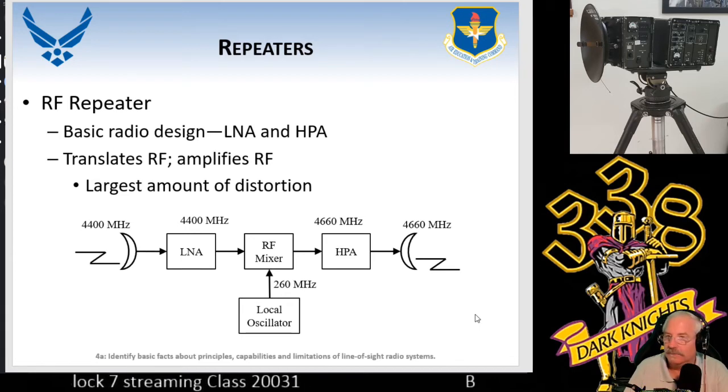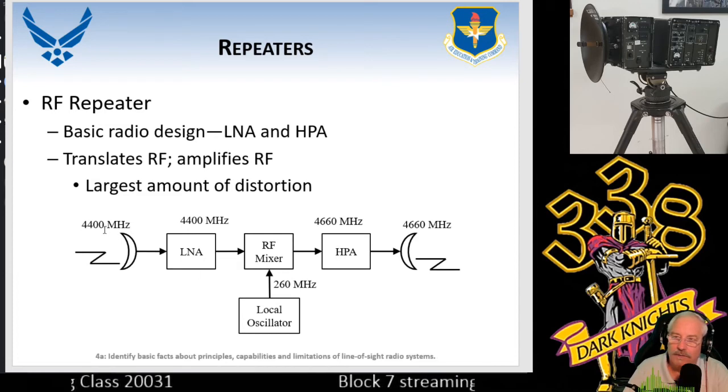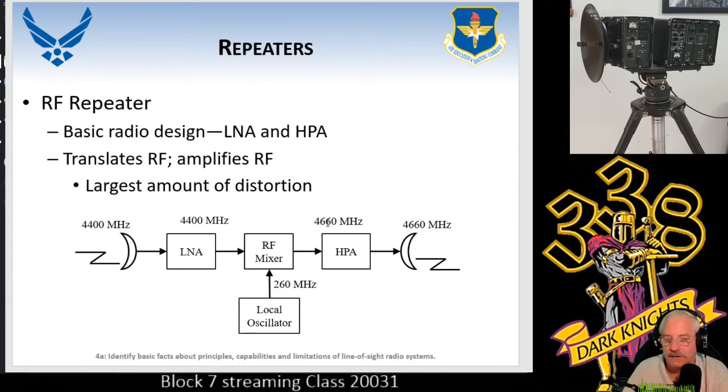So let's take a look at the RF repeater. Well, what 2 things must it do to be classified as a repeater? Well, frequency translation is the first one. You'll notice that we have 440 megahertz coming in on our receive. We're going to take it and convert it into 4660 megahertz. So there's a frequency translation, or what I classify as frequency conversion. The next one is amplification.